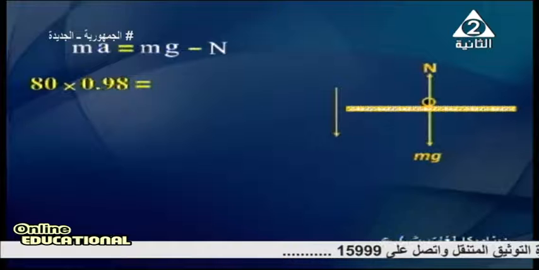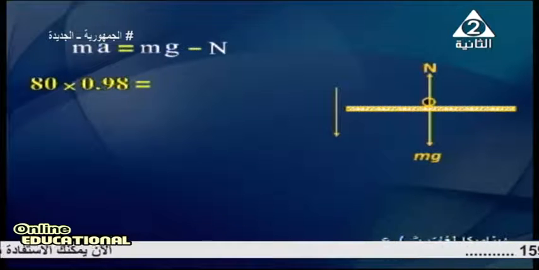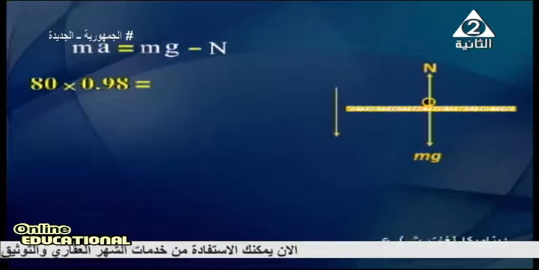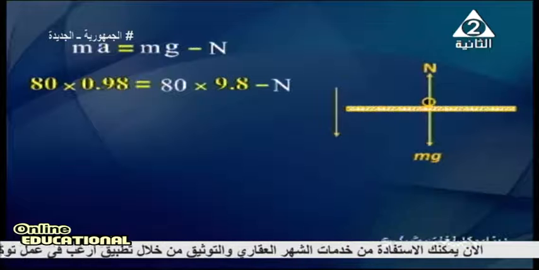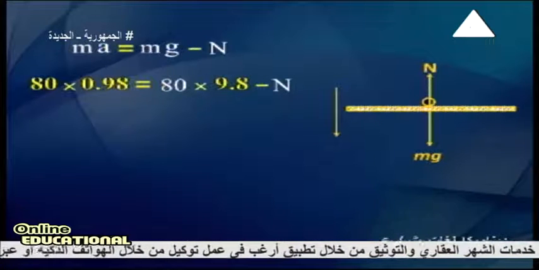Now the lift moves downward, then the positive direction is downward, and the equation is MA equals mg minus N. mg here positive and N negative. M is the mass of the man, 80 kilogram, multiply the acceleration of motion, 0.98 meter per second squared, equals 80 times 9.8 meter per second square minus N.